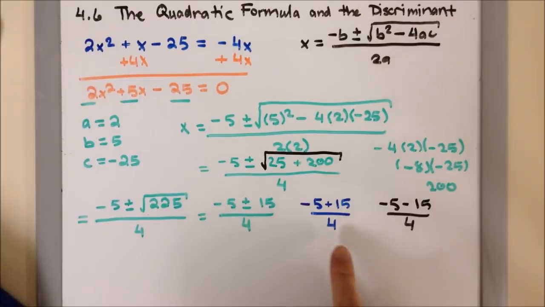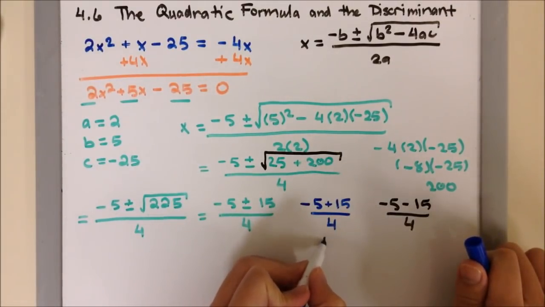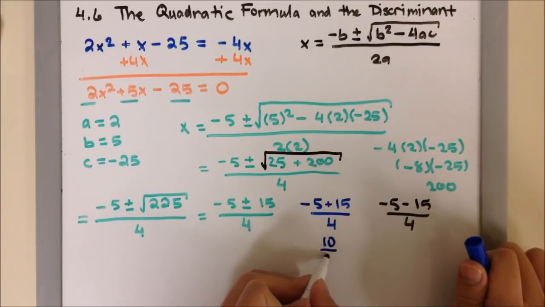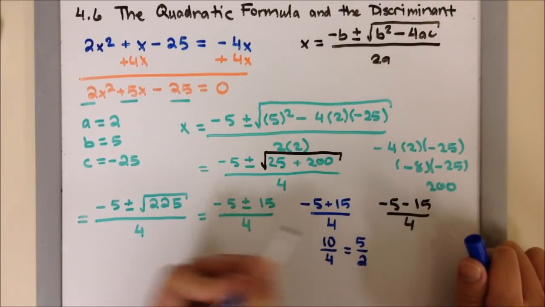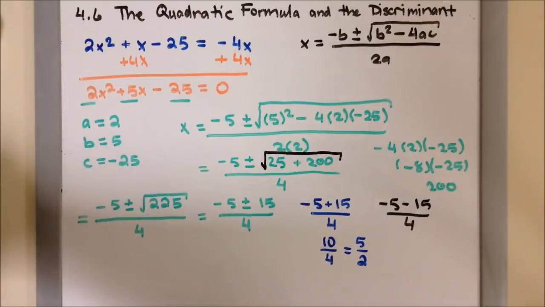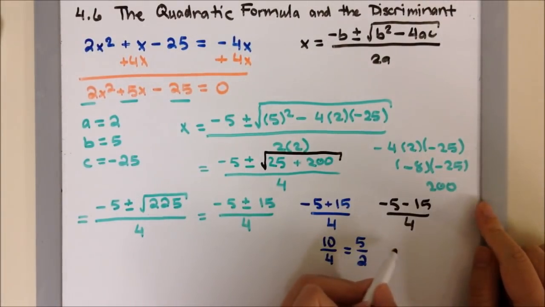Alright, so the first fraction, negative 5 plus 15 will simply be 10, and then over 4. You can simplify that because both of them are even numbers. It will simplify into 5 over 2. Now, for the second fraction, negative 5 minus 15, that will be negative 20 over 4.